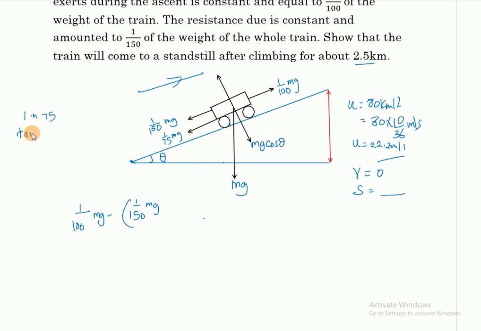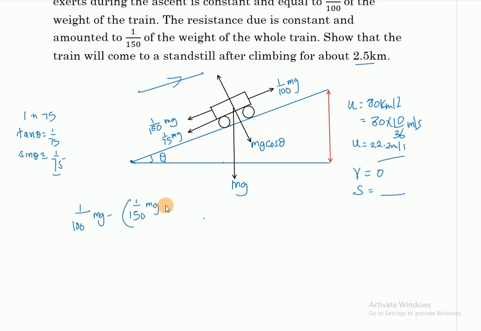That means that tangent of theta is equal to 1/75 and sin theta is also approximately equal to 1 over 75. And if that is the case, remember this is mg sin theta, so mg times sine of theta. That's how we are getting that this is 1 over 75 times mg.